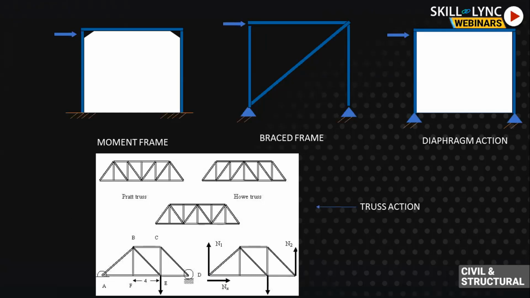A diaphragm is a frame where there is no bracing, but there is a monolithic, high stiffness material connected between the columns and beams, which can transfer the axial loads, the horizontal loads or the lateral loads. So there is no need of bracing, but the force gets transferred through the wall or diaphragm, as you can see in the picture.